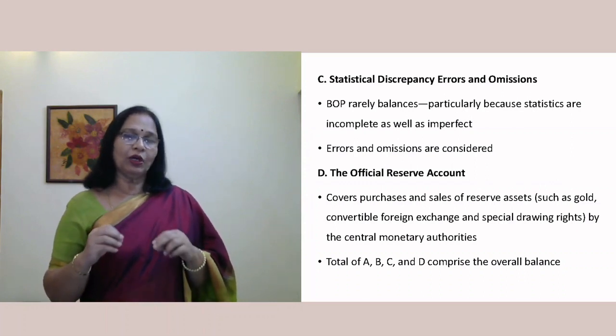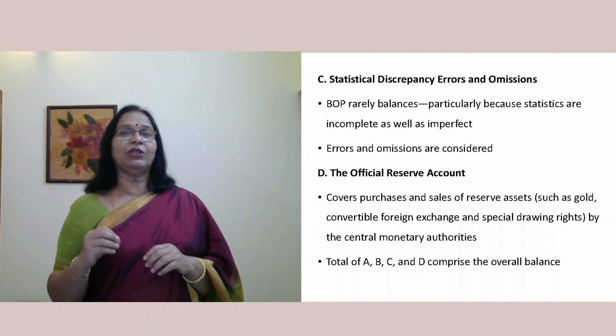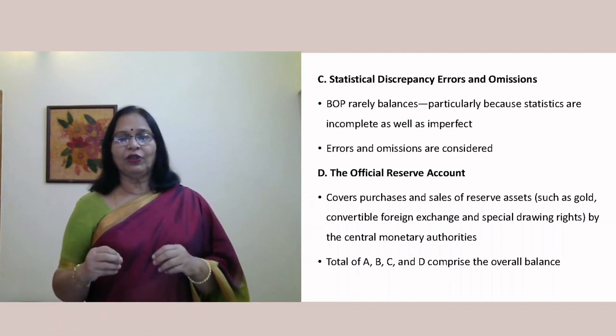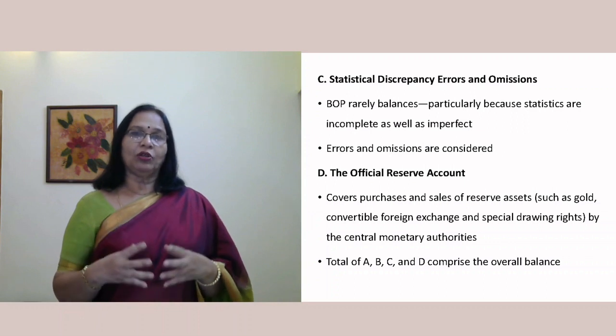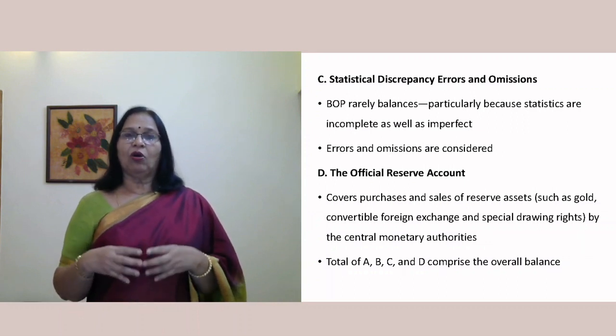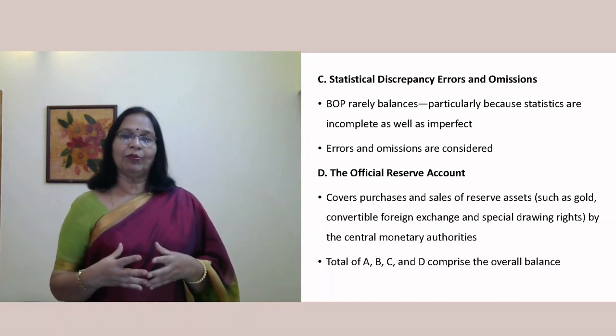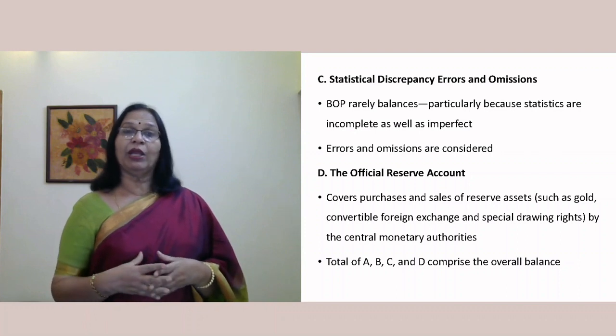And there is also a fourth element which is called the official reserve account. This official reserve account talks about the gold, the foreign exchange or the other rights that the government or central monetary authority may own.